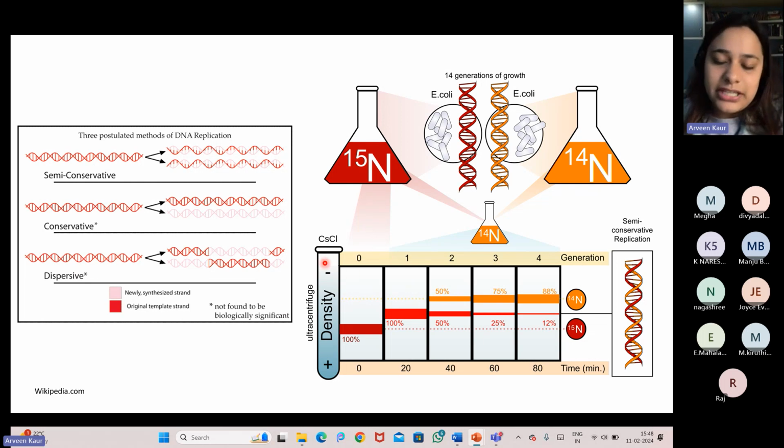The same density gradient centrifugation has been shown over here also, wherein it is seen that originally, if we see, all of the bands that we receive are in the heavy chain bands. Then we receive intermediate bands, and with time, this intermediate and light band occurs, and as the time progresses, the intermediate band goes down, and the light band keeps increasing, because now they are only present in a media that is enriched with light nitrogen, right?